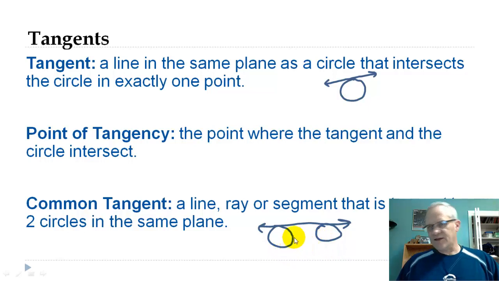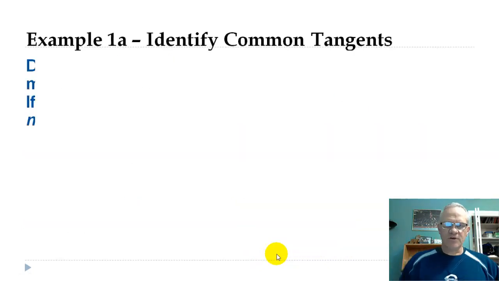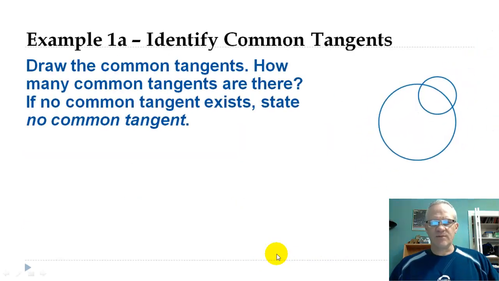I'll get to that in the examples, but anywhere we can draw a line that will intersect the edges of these circles would be considered a common tangent. And we'll look at a few of those in a second. So there could be more. For example, on this one, I could also draw another one that goes maybe like this. All right, so let's take a look at a few examples here.